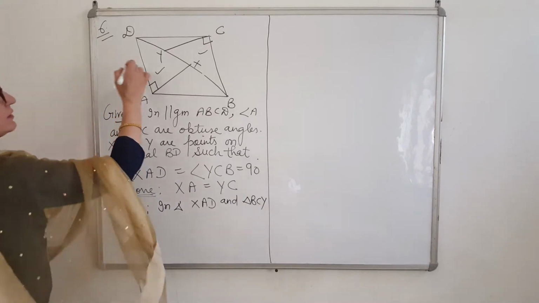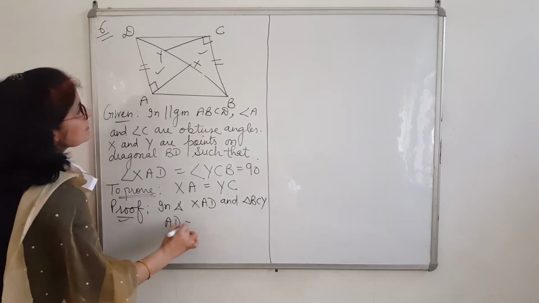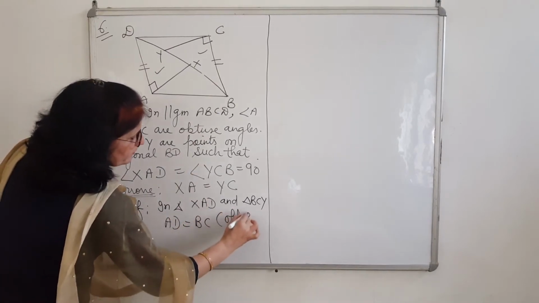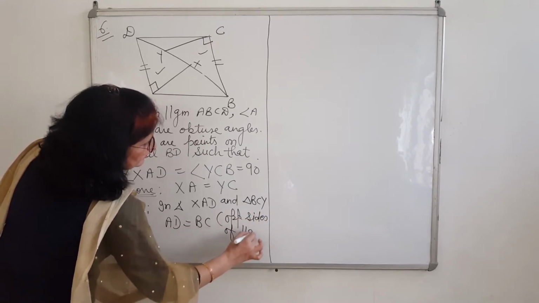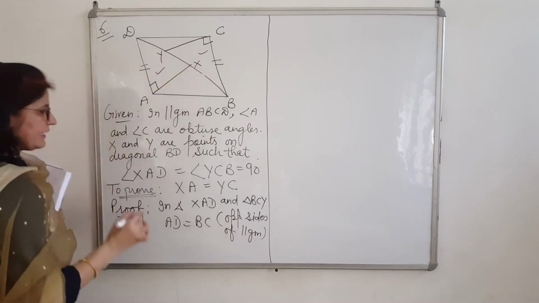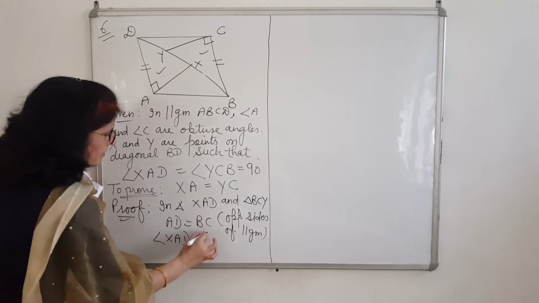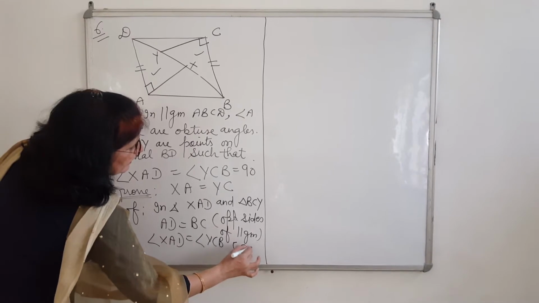The first one, AD equals BC. Why? Opposite sides of parallelogram. Secondly, angles are 90. Angle XAD equals angle YCB equals 90 degree.